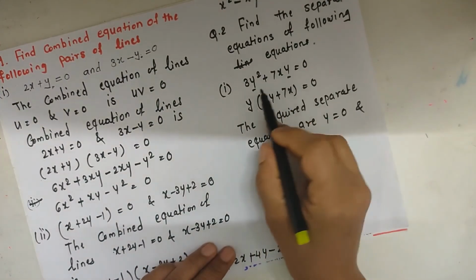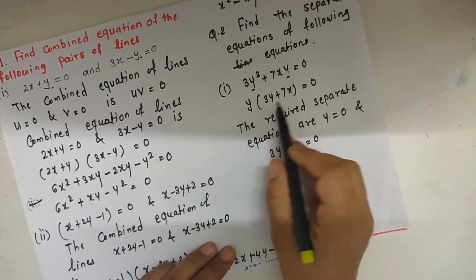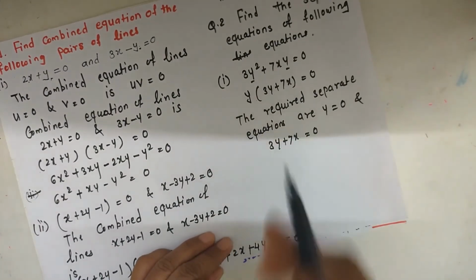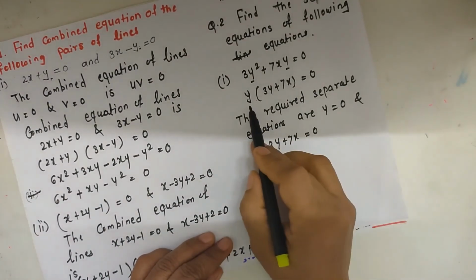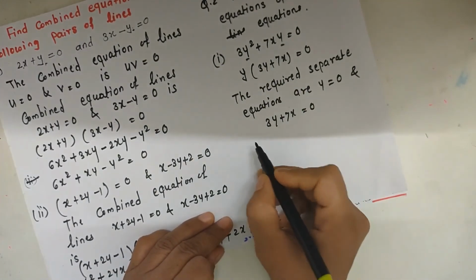These two equations are the separate equations of the lines. So first equation is y is equal to 0 and second 3y plus 7x is equal to 0.